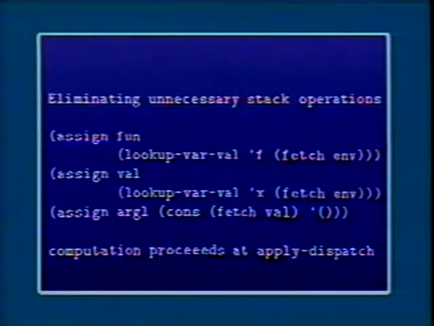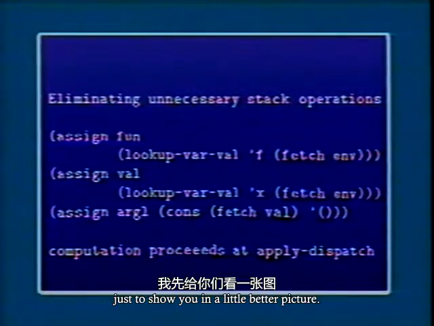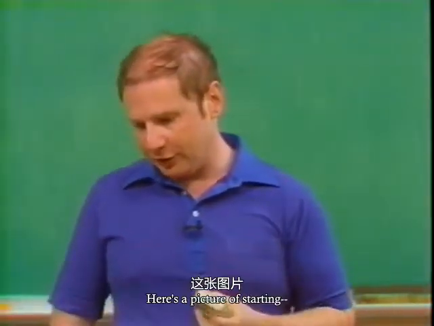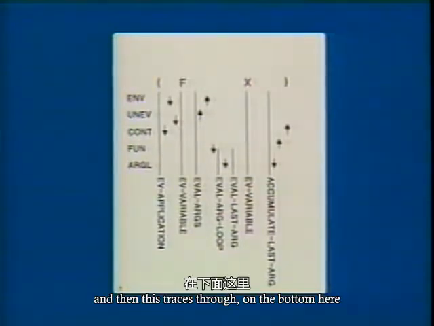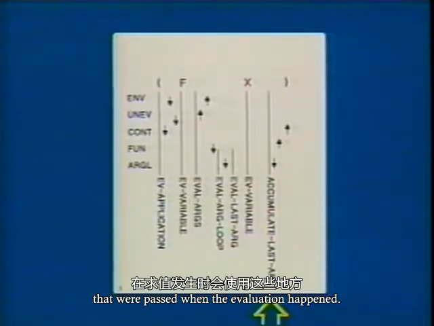Okay. All right. Let me just summarize that in another way, just to show you in a little better picture. Here's a picture of starting. This is looking at all the saves and restores. Here's the expression f of x, and then this traces through, on the bottom here, the various places in the evaluator that were passed when the evaluation happened.